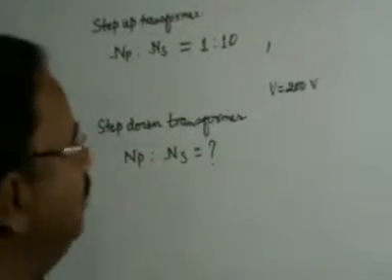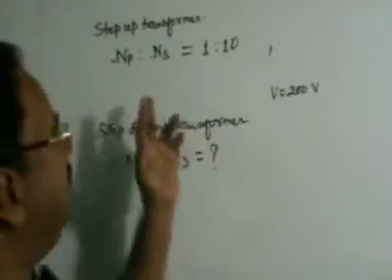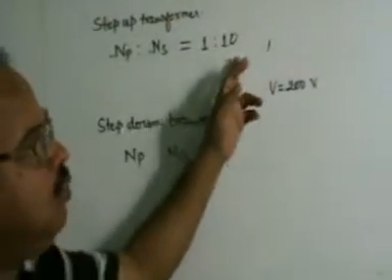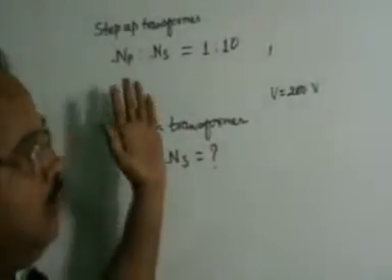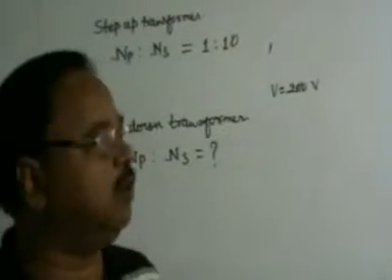First of all, the number of turns ratio is given as 1:10. Now the generating voltage is 4000 volt.